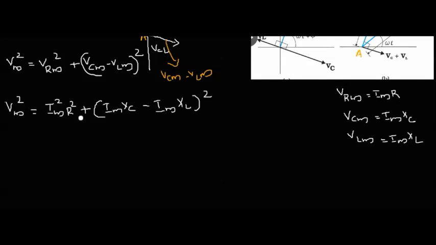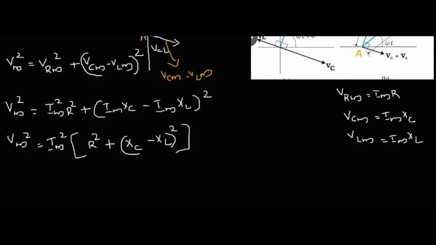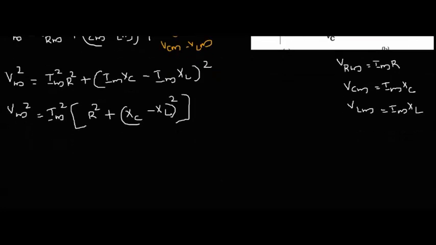So you can see in these terms Im is common, so I am taking that Im term outside. So I am getting Im square inside the bracket, R square plus XC minus XL the whole square. Okay, now I need an expression for Im, so I am taking this Im term to the left and forming an equation for Im.